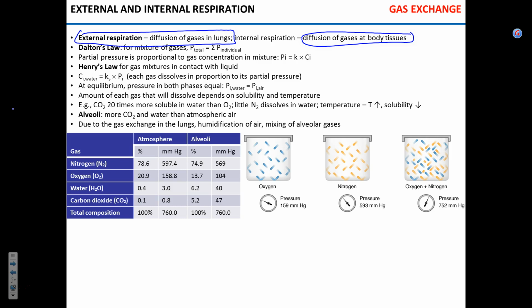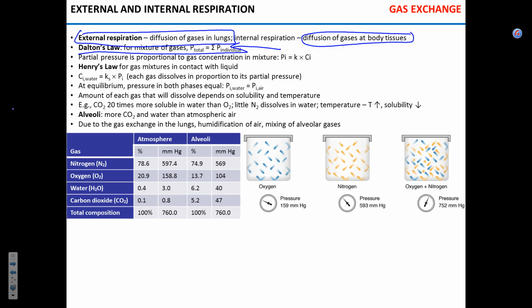Now, two laws drive the gas exchange, both in tissues and in the lungs. One is called Dalton's law. Dalton's law states that the total pressure of a gas mixture is equivalent to the sum of the partial pressures of its components.